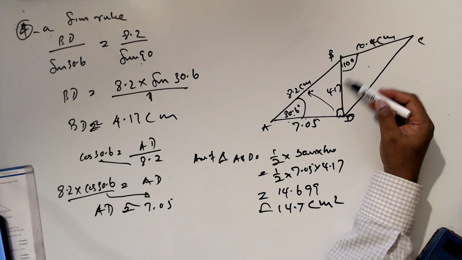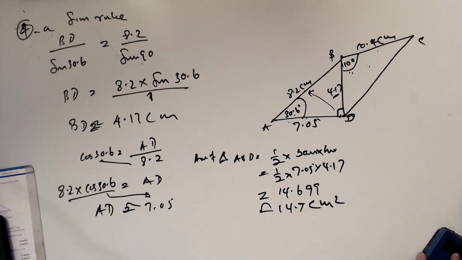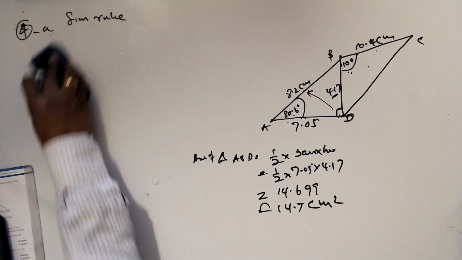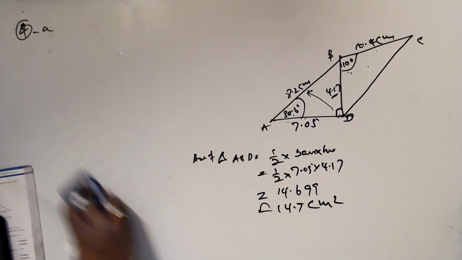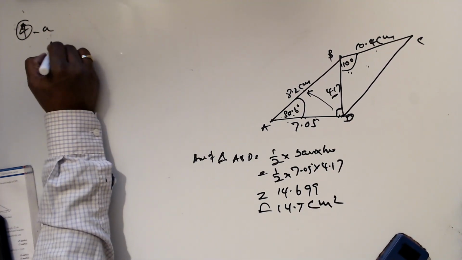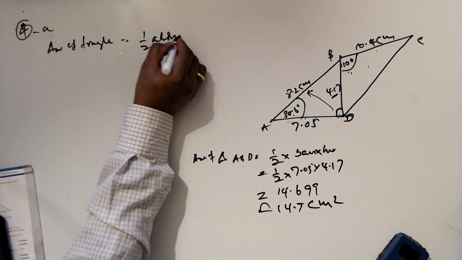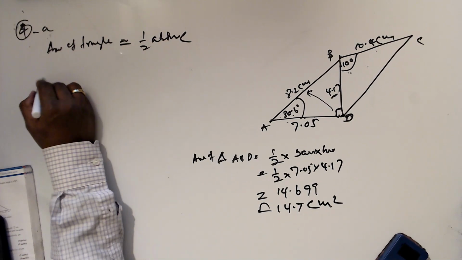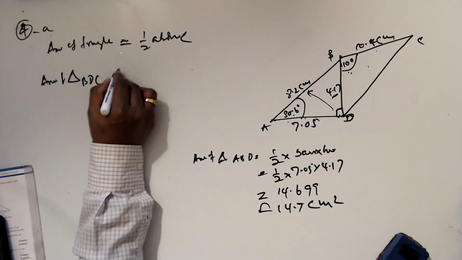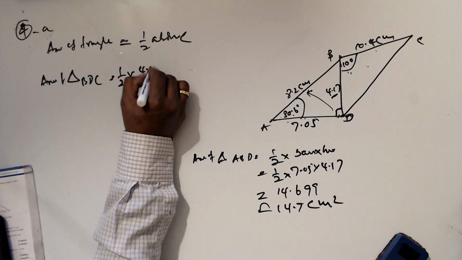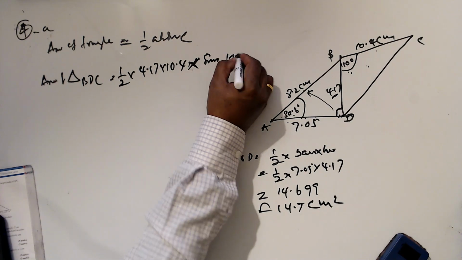Now for this triangle, I know this distance and these angles, and this one is half a b sine C. So area of triangle BDC equals half times 4.17 times 10.4 times sine 100.